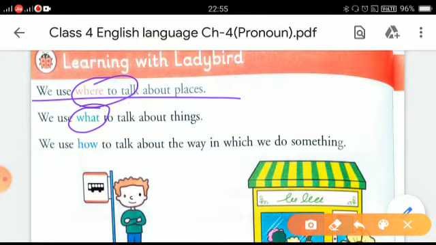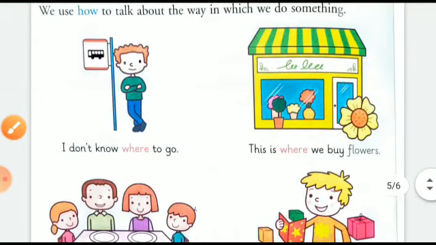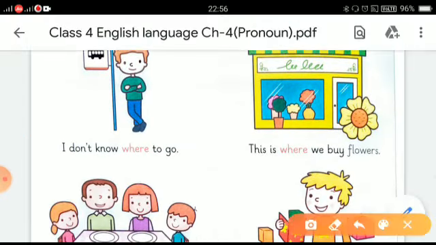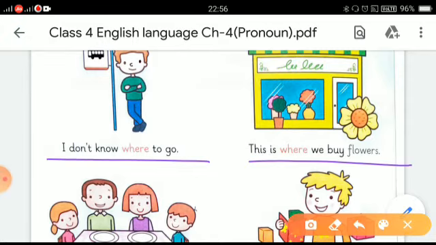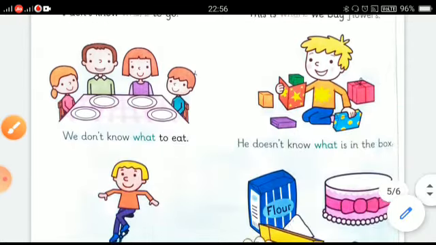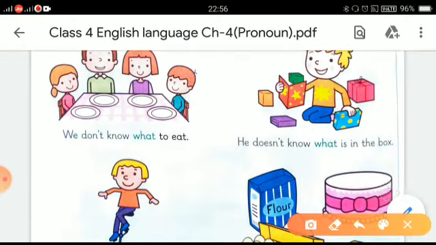Examples: I don't know where to go. The first one. In this sentence, we are talking about a place. This is where we buy flowers. Again, talking about a place. We don't know what to eat.